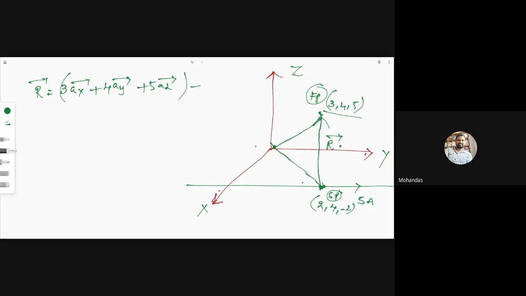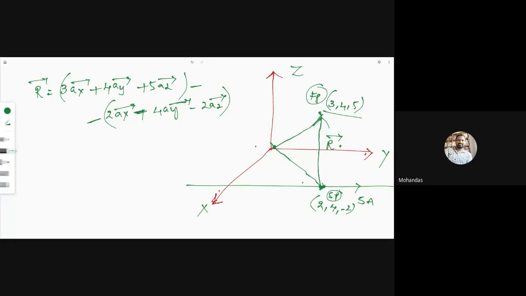2ax plus 4ay minus 2az. Now if you multiply with the minus, this becomes minus, this becomes minus, and this becomes plus.